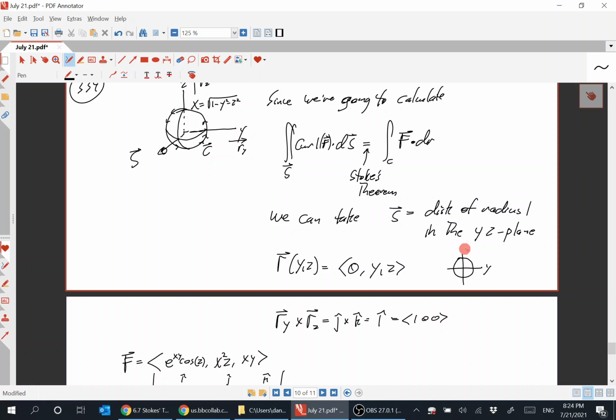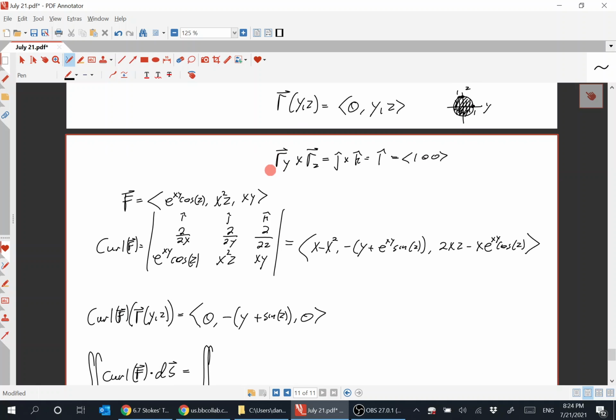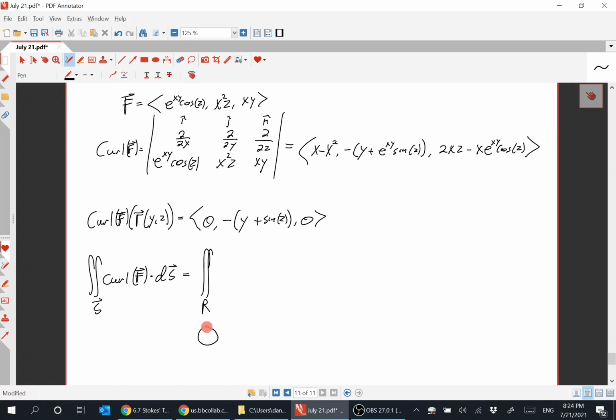So here's the y, z plane, and the domain for y and z is just that disk of radius 1. Alright, so that's R.